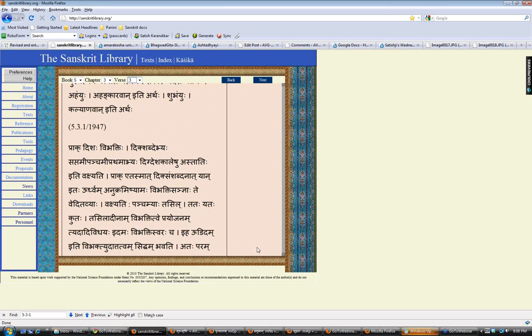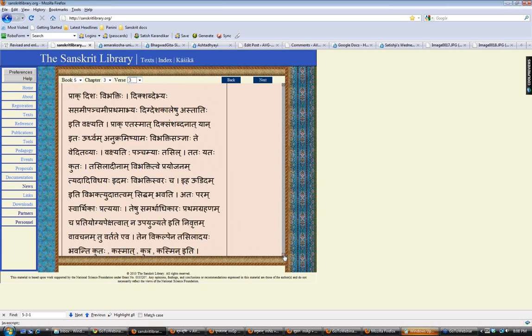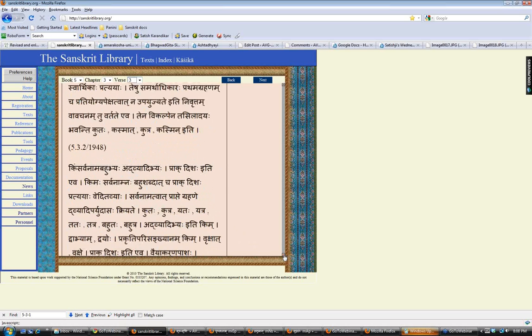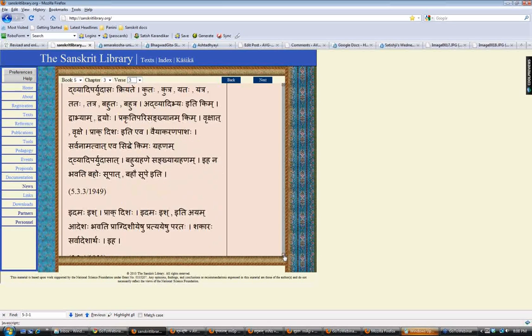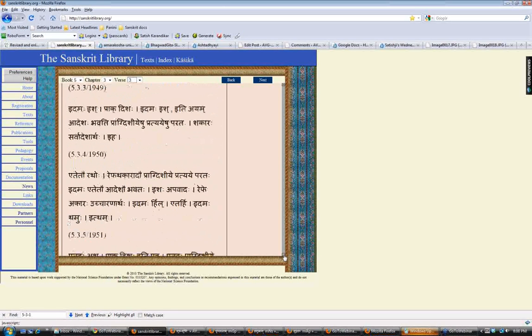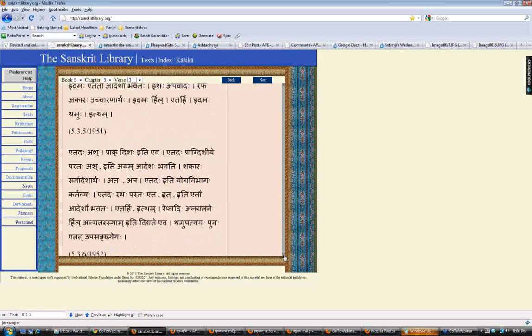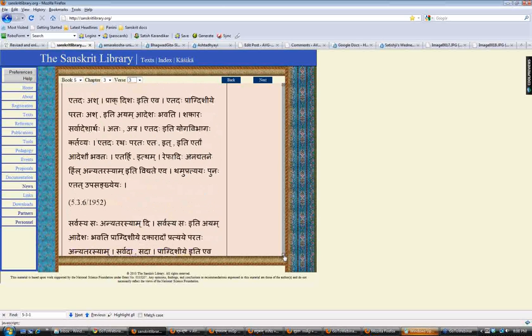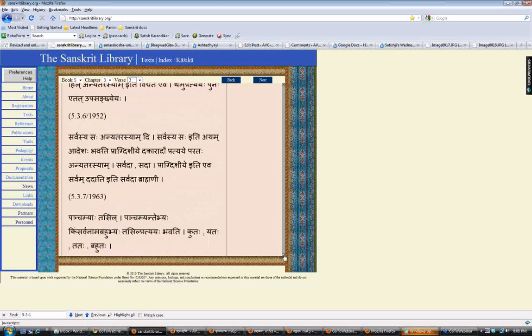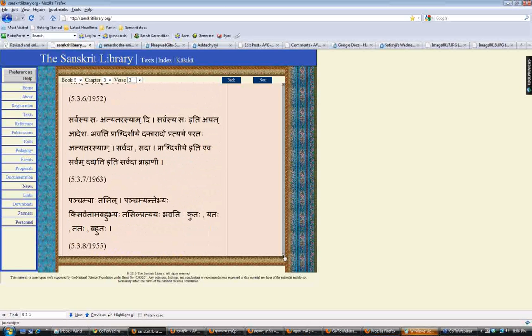Anyway, the one we're looking at right now is Panchamyas Tasil. The question is, can we use this sutram to get our job done right now? And the answer is no, but I'll tell you why. Panchamyas Tasil is Panchamyantebhya Kim Sarva Nama Bahubhya Tasil Pratyaya Bhavati.